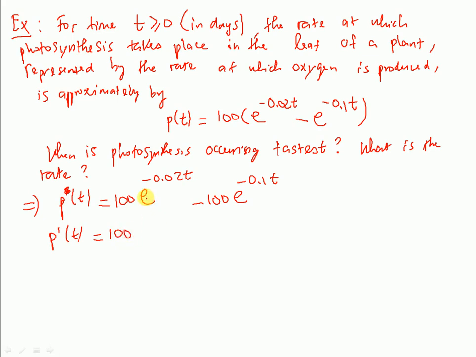The exponential function stays the same. We bring down the constant, so multiply by minus 0.02, and then again minus 100. Again, the exponential function stays the same, but we bring down any constant we have.